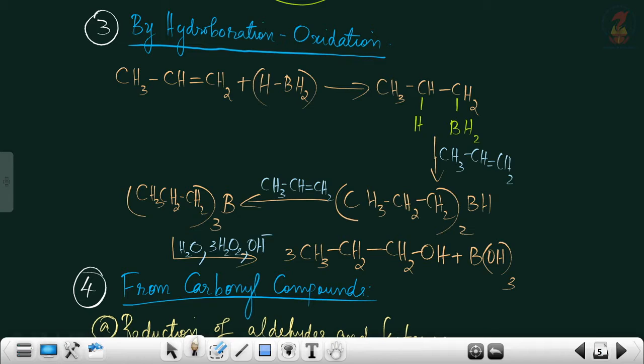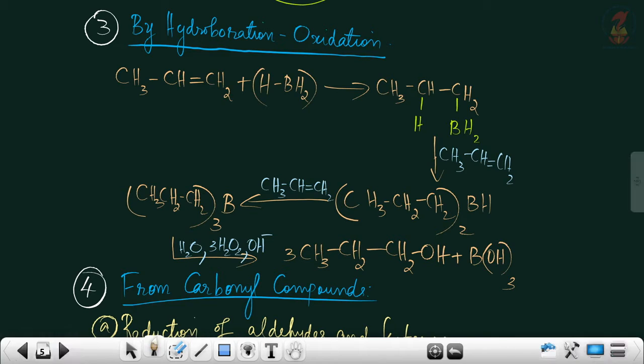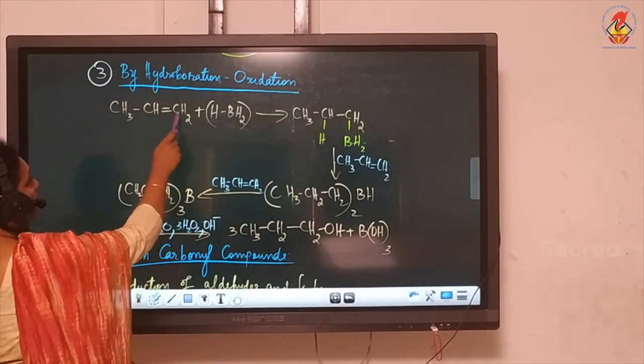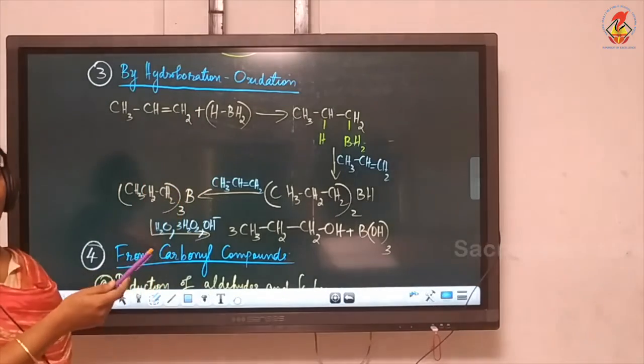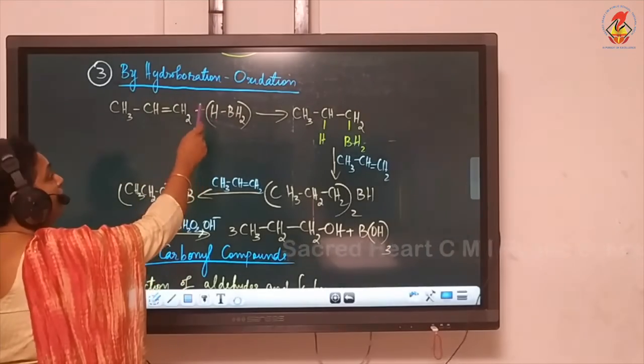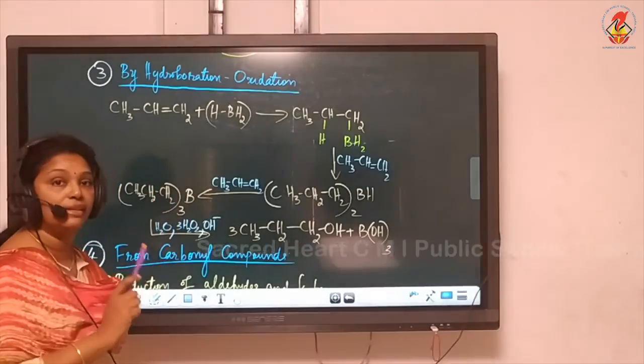And you can see in the first step, in HBH2, it is the boron that forms a bond with double bonded carbon which carries more number of hydrogen atom. So you can see here BH2 adds to double bonded carbon with more number of hydrogen, and one of the hydrogen atom from BH3 will be added to the other double bonded carbon.